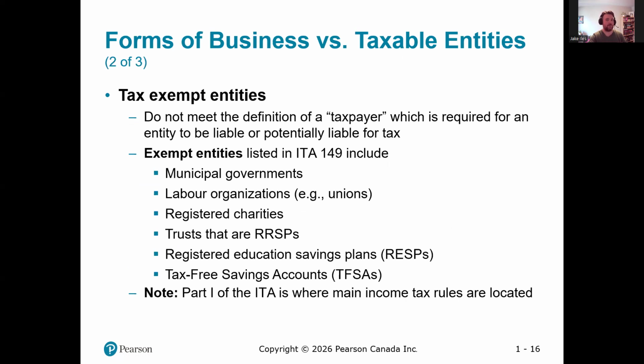They're created for the purpose of distributing funds to be used by, if you're a municipal government, people in a city. For a charity, you're helping an underprivileged demographic. So although a registered charity, if they're incorporated, might file a T2, it's mostly for information purposes. Registered charities are not taxable, they are an exempt entity.